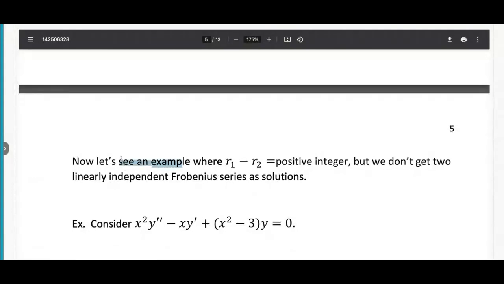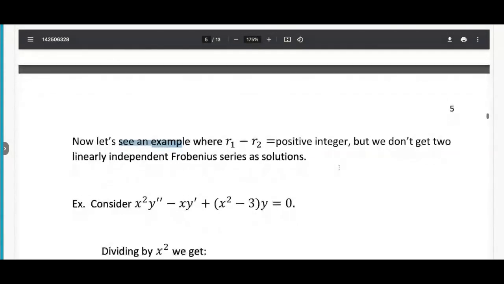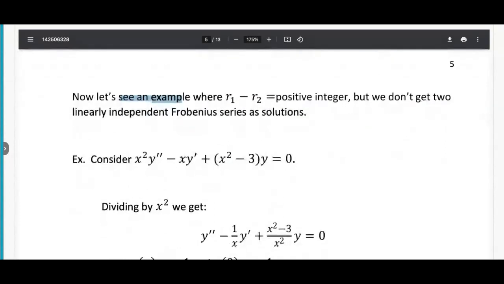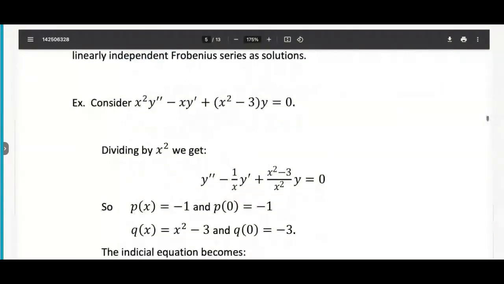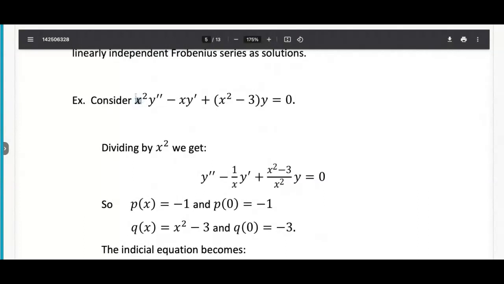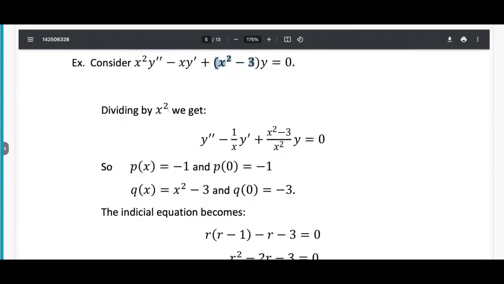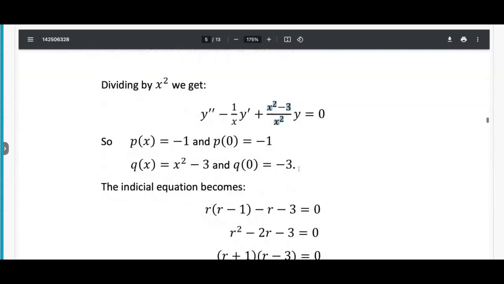So now let's see an example where we don't get two linearly independent Frobenius series solutions. Let's see this one. We have x squared y double prime, minus x y prime, plus x squared minus 3 y equals 0. Dividing by x squared, we get into p, q form.